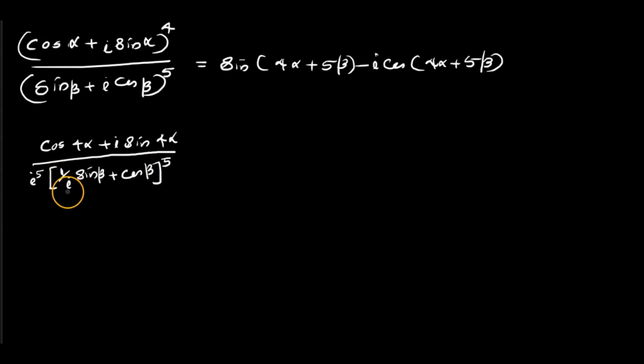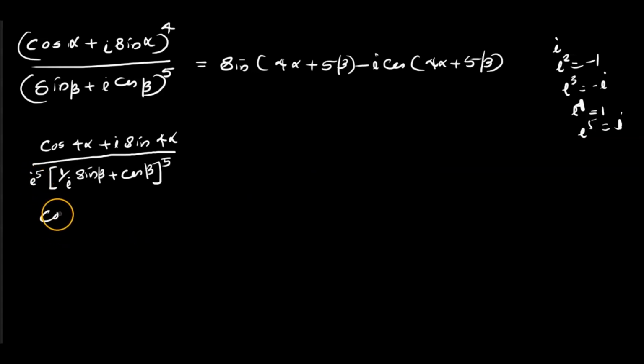1 by i is minus i, and i raised to 5. We know that i squared is minus 1, cube is minus i, raised to 4 is 1, and 5 repeats, is equal to i. So this is i.